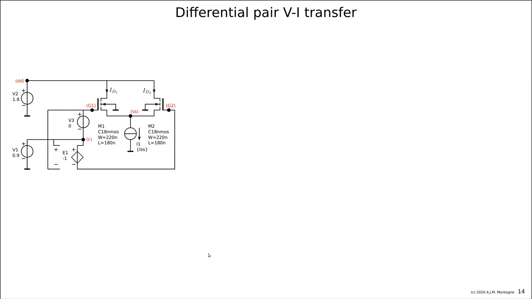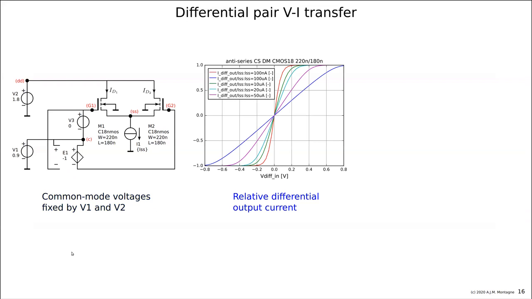This is of course not a condition that is always used in a circuit, but this is the test condition that is applied here. And with this test condition, we can clearly illustrate the behavior of this stage. So the common mode voltages are basically fixed by V1 and V2. At the input V1, 0.9 volt, and at the output, the power supply.